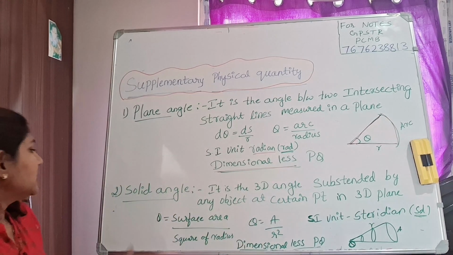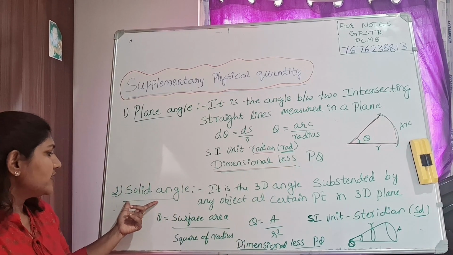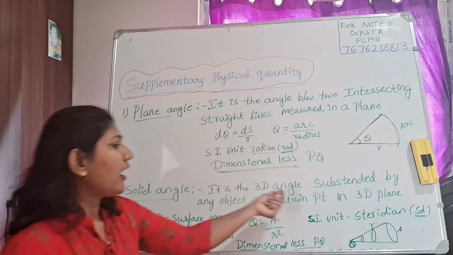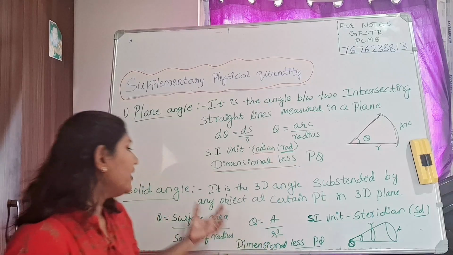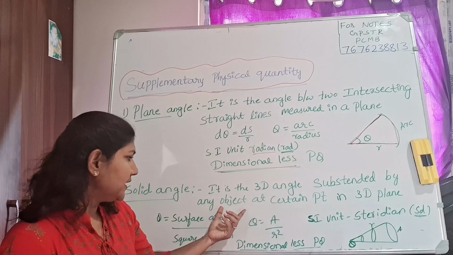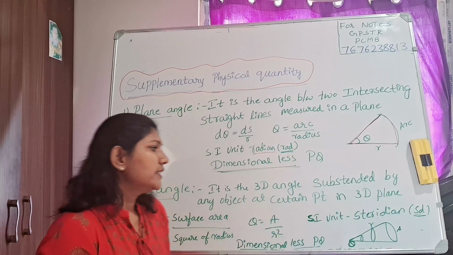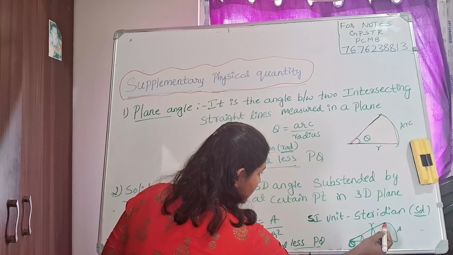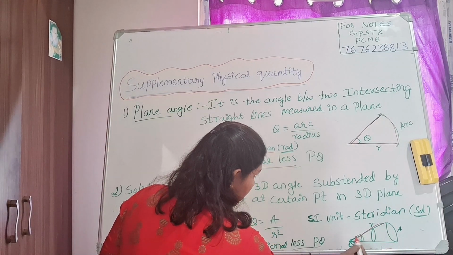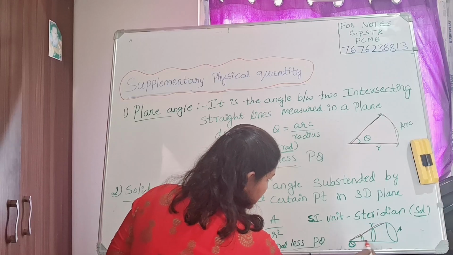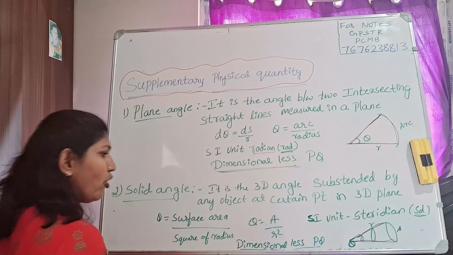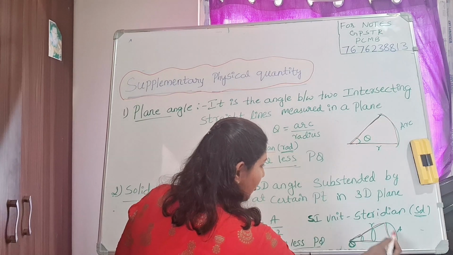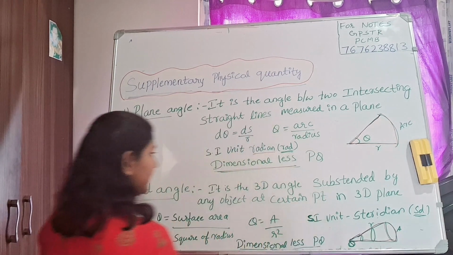Another one is the solid angle. What is the solid angle? Solid angle means the 3D angle subtended by any object at a certain point in three-dimensional space.